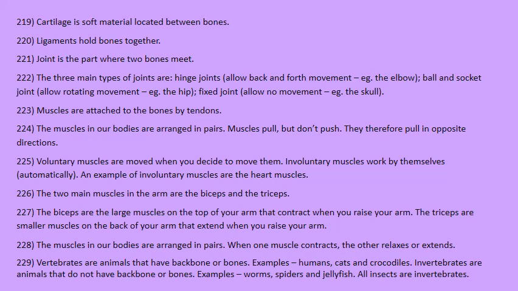The triceps are at the bottom of your arm, on the other side of the bone from the biceps. The muscles in our bodies are arranged in pairs. When one muscle contracts, the other relaxes or extends.